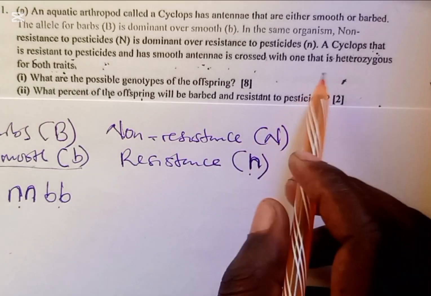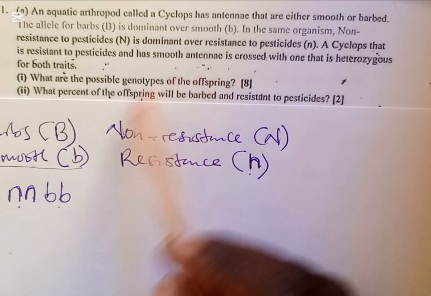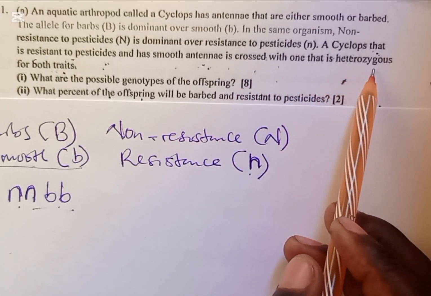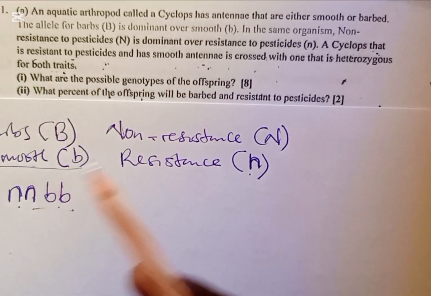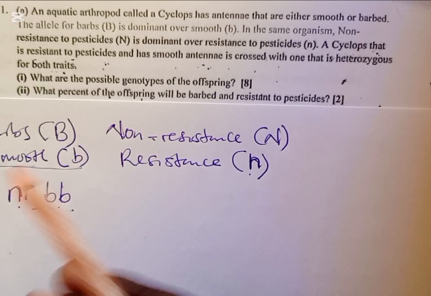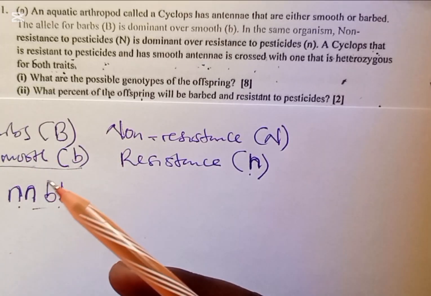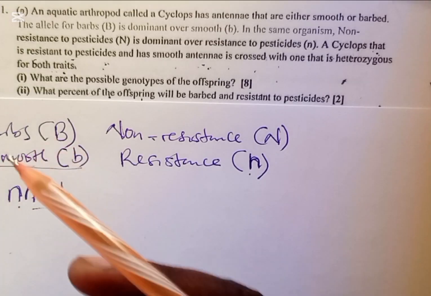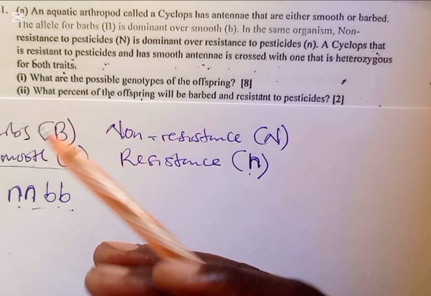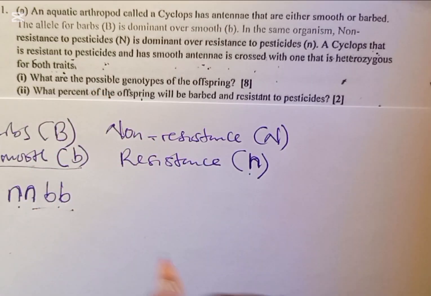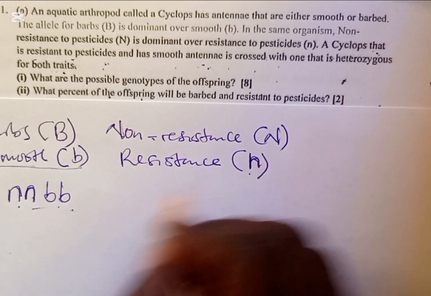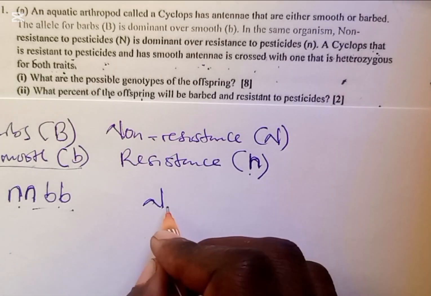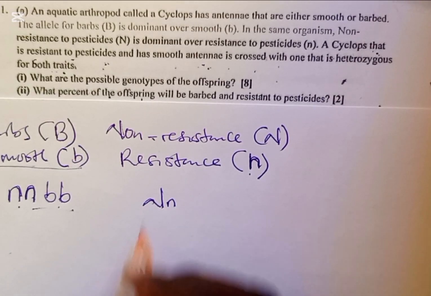Now, we are also told that this is crossed with one that is heterozygous for both traits. It's very important here to understand these terms because in genetics, we need first to understand the genetic terms that are used. Once you understand those, it'll help you to approach these questions correctly. Now, heterozygous, we are talking about a situation where we have non-resistance, and this non-resistance is heterozygous.